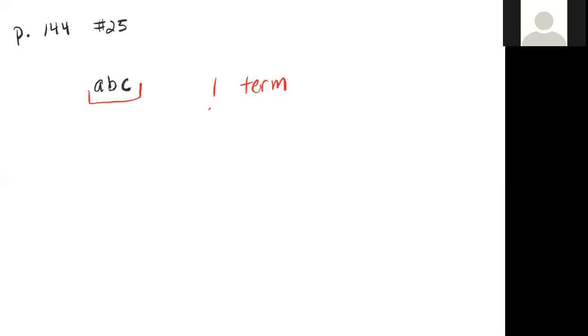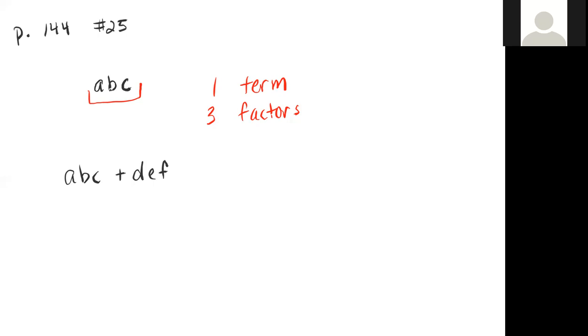That one term, though, has three factors. So remember, terms are separated by addition or subtraction signs. We don't have any of those signs here, so we have one term, but it has three factors. We're multiplying A times B times C, so we've got three factors. An example that we did in class and in Do Now, we had ABC plus DEF.